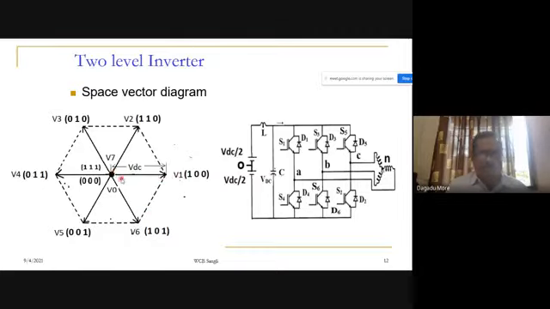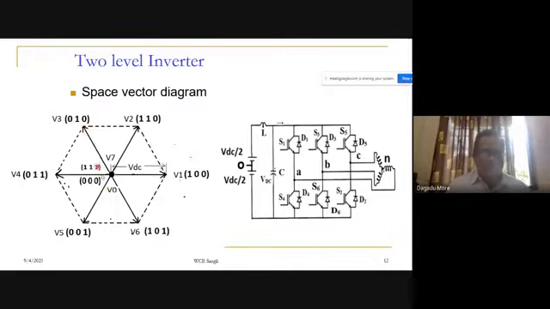Here at V1 position, it will remain for 60 degrees, and then instantly it jumps from V1 to V2, and here also it remains 60 degrees duration, and the 60 degrees duration for 50 Hz corresponds to 3.3 milliseconds. So it will stay here for 3.3 milliseconds and then instantly jumps from V2 to V3.